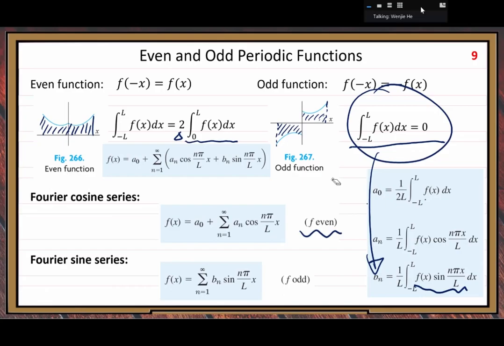So now we're talking about the convergence question, and we look at the discontinuity. One discontinuity. Let's say x equals x0. So at this point, the f function is discontinuous.